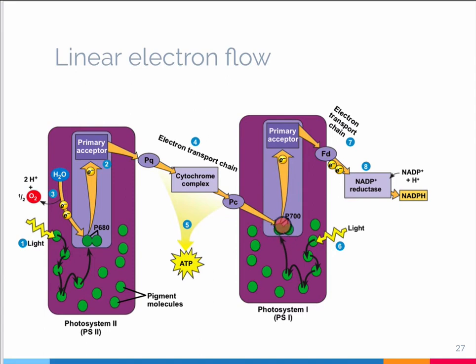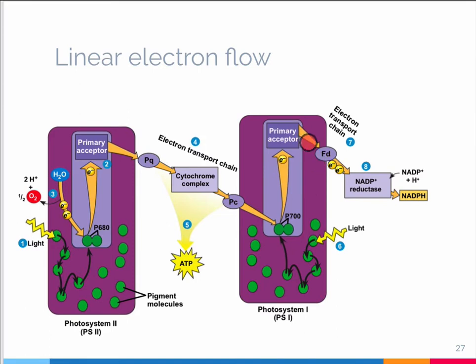This special pair of chlorophyll molecules, having just gotten some new electrons from the electron transport chain, now gets excited and it shoots up its electrons to the primary electron acceptor of photosystem 1. From there, they go down a very short electron transport chain, and the final destination for these electrons is going to be NADP+. It'll reduce NADP+ to form NADPH.